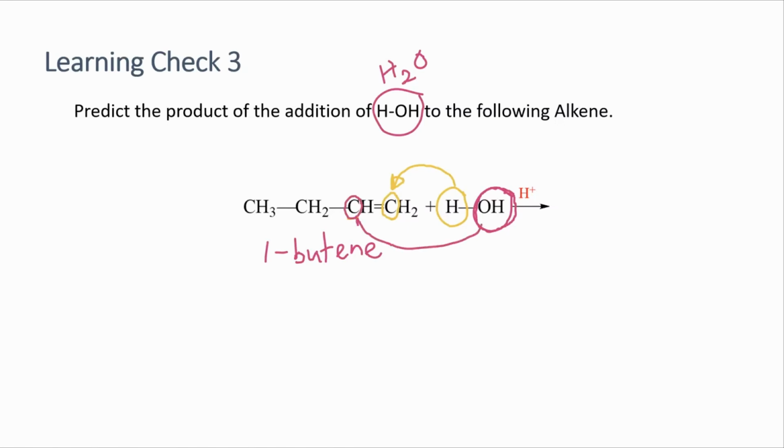So that will go and attach to this carbon. Now you can draw the product. The product obviously has to be an alcohol. It will be CH3, CH2, CH, OH, and CH3.